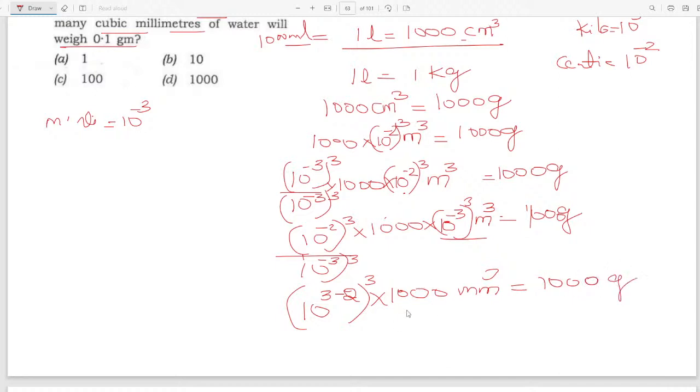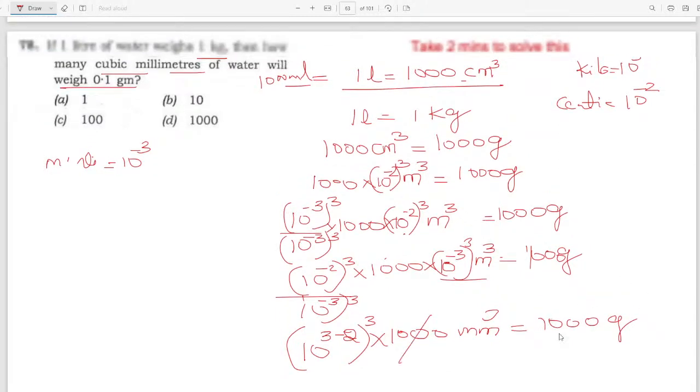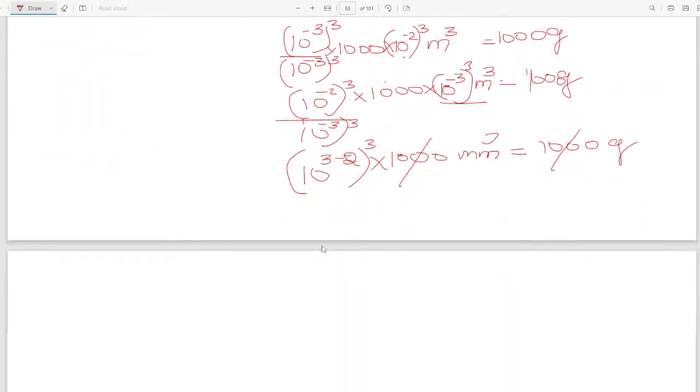So I'll cancel this 1000 and 1000 here. So this would be 10 raised to 3. 10 raised to 3 minus 2 is 10 raised to 1. 10 to the power of 3 millimeter cube. So millimeter cube, because milli is 10 raised to minus 3, is equal to 1 gram.